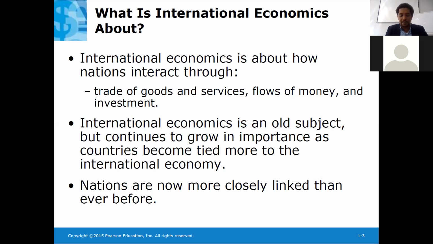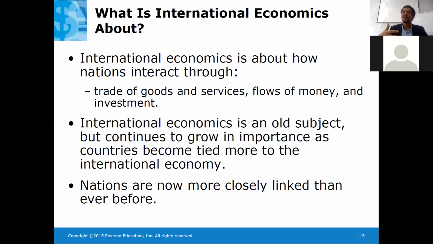but it became very visible in the 18th century, in the 1958 and in 1776 with Adam Smith and his book, The Wealth of Nations. Okay, but it has been there long time ago, maybe before Christ. Okay, 200 BC. Okay, so international economics is an old subject, but continues to grow in importance as countries become tied more to the international economy, right?